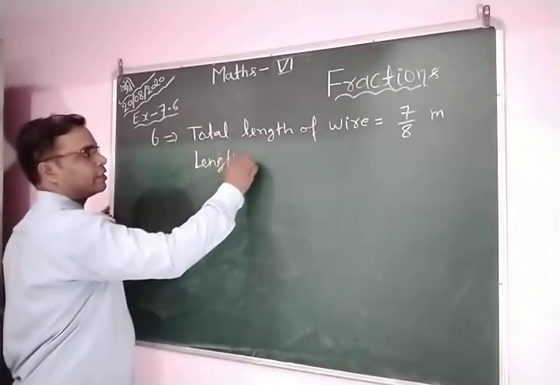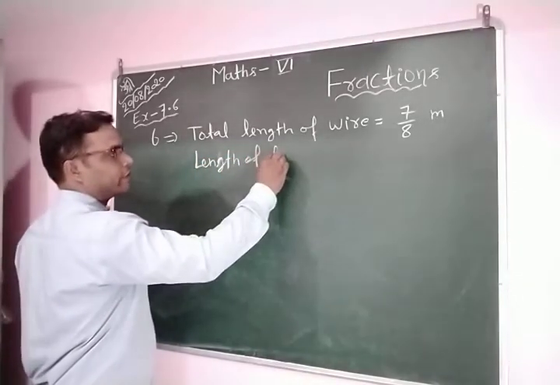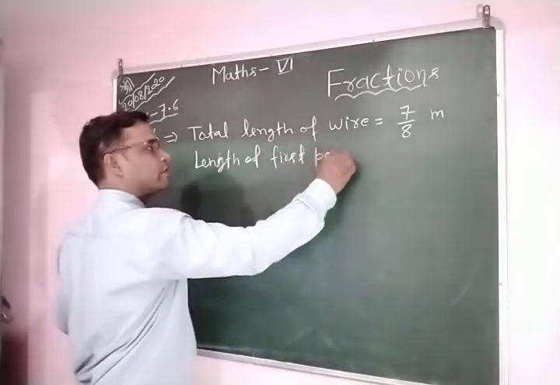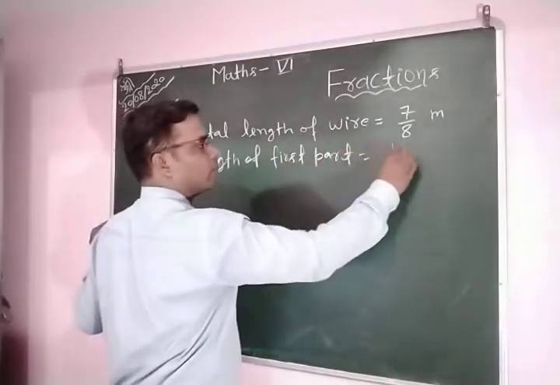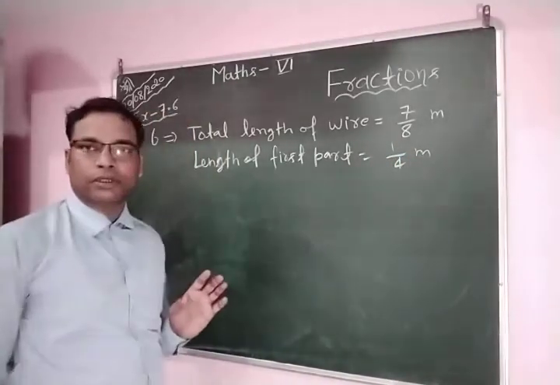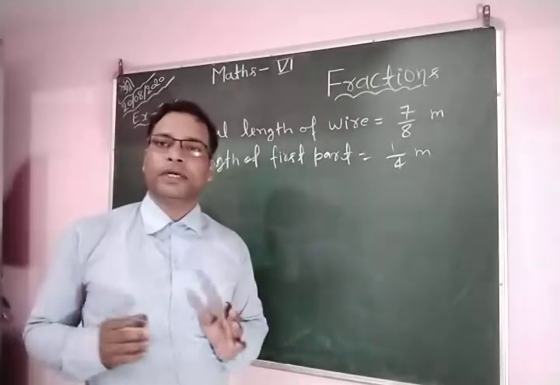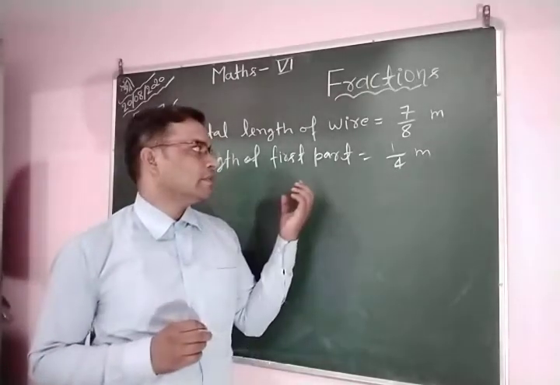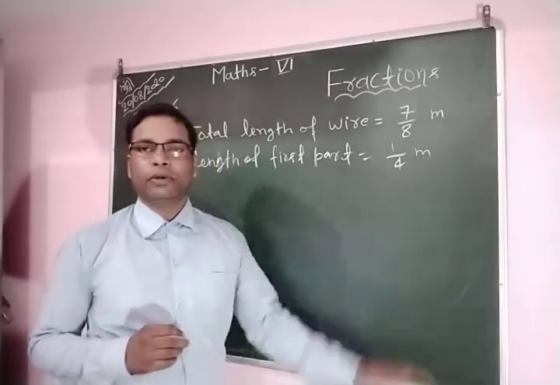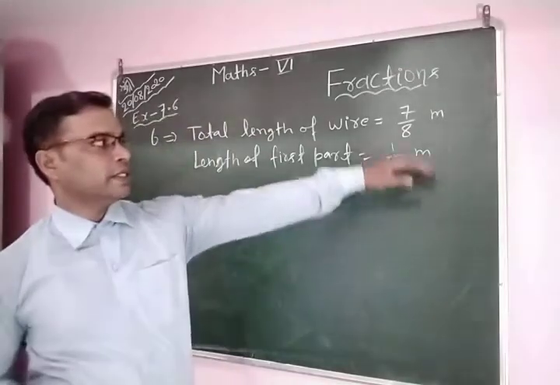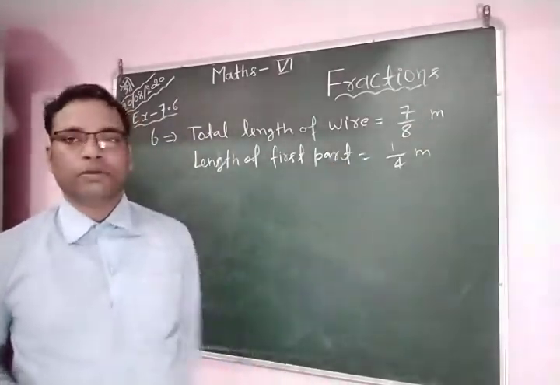We broke it into 2 parts, 2 pieces. The length of the first part is 1 by 4, so we need to find the length of the second part. For this we subtract 1 by 4 from 7 by 8.